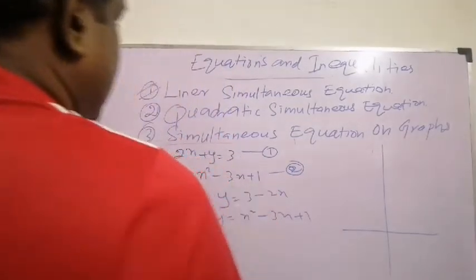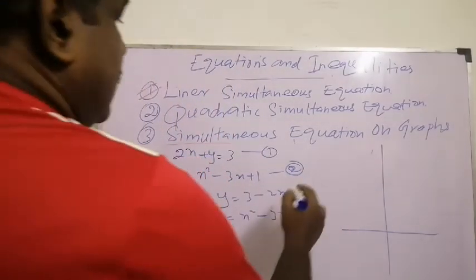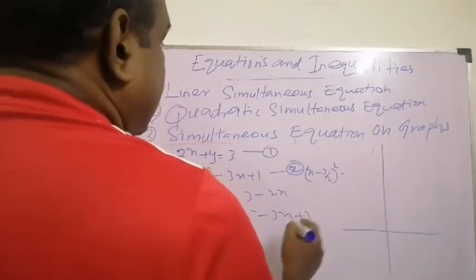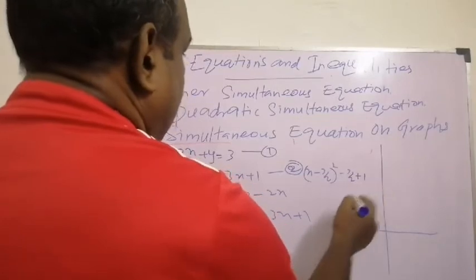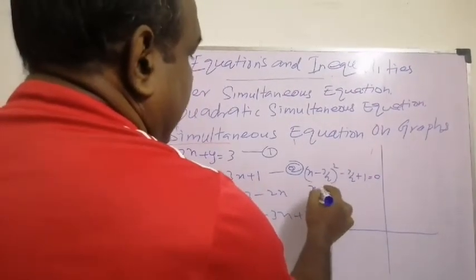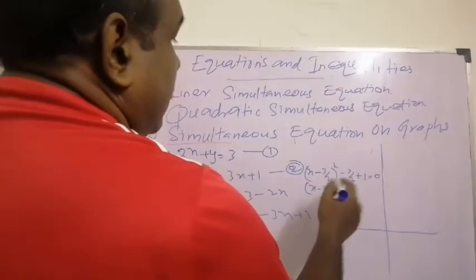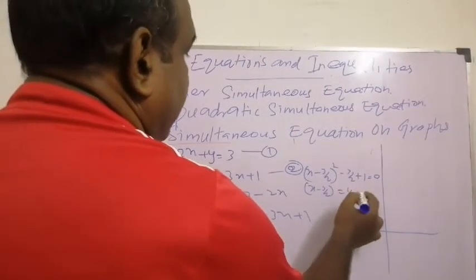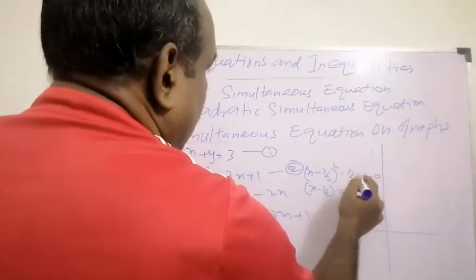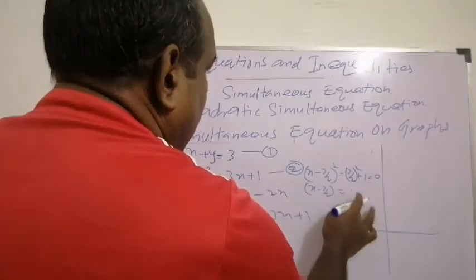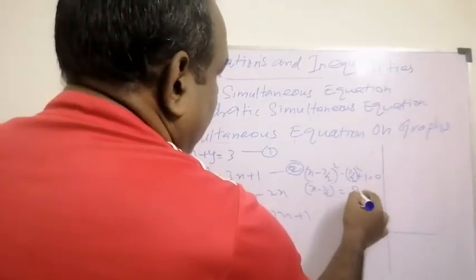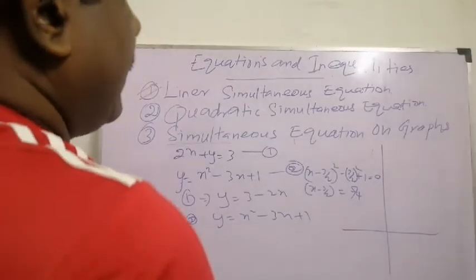When you find the solution for this, you substitute, x minus 3 over 2, all squared, minus 3 over 2 plus 1. So it's going to be 0, completing the square. X minus 3 over 2, squared, is going to be 1 over 4, sorry, 9 minus 5 in the sense, 5 over 4 comes, okay.